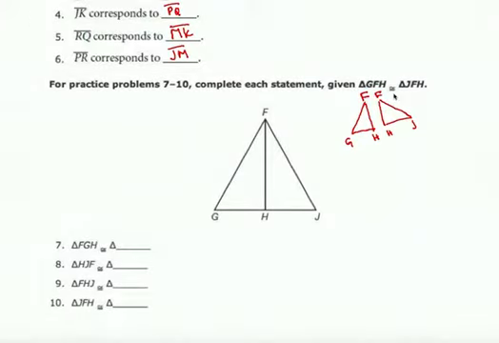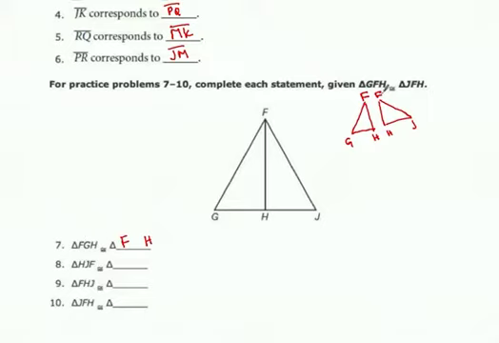Alright, so when I'm looking at these two triangles, I can tell that they share a couple of points. They're going to share F and they're going to share H. So whenever I write that triangle FGH is congruent to triangle what, I'm going to have to put the things that correspond in the same place. Obviously, F and H are going to be at the beginning and the end, because I want to put things that correspond in the same location.